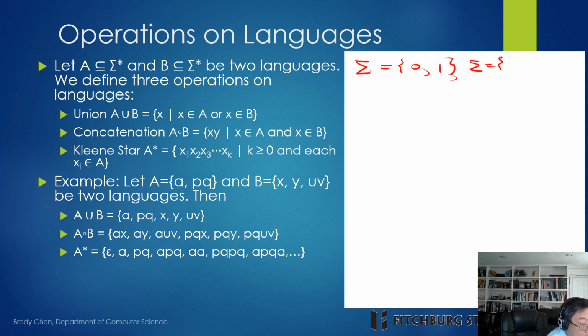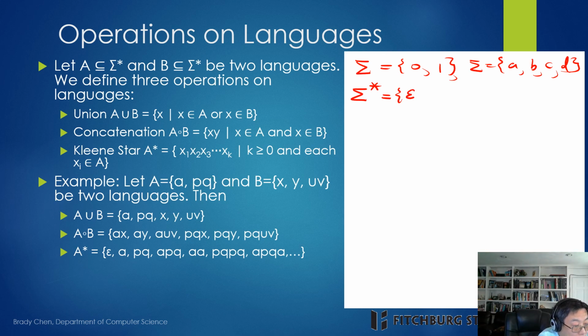Or sigma could be A, B, C, D. It's a set of alphabets. And then we define sigma star as all the combinations of the alphabet. It's a string formed by the combination of the alphabet, and also including the empty string, which is epsilon.